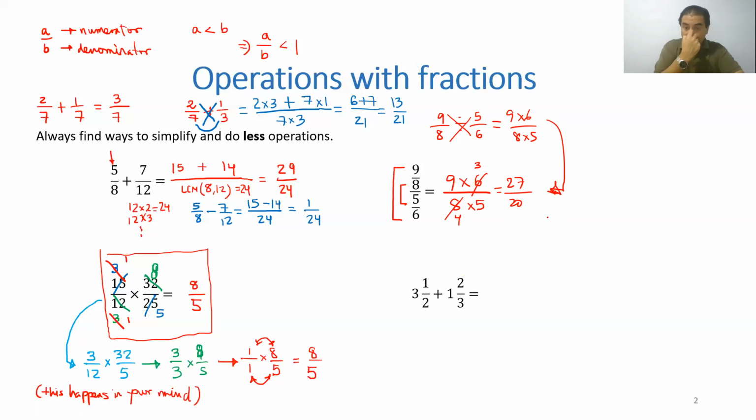So let's continue with an example of an addition of mixed fractions. Mixed fractions are actually sums. How so? Well, it happens that 3 units and 1/2 actually means 3 plus 1/2.